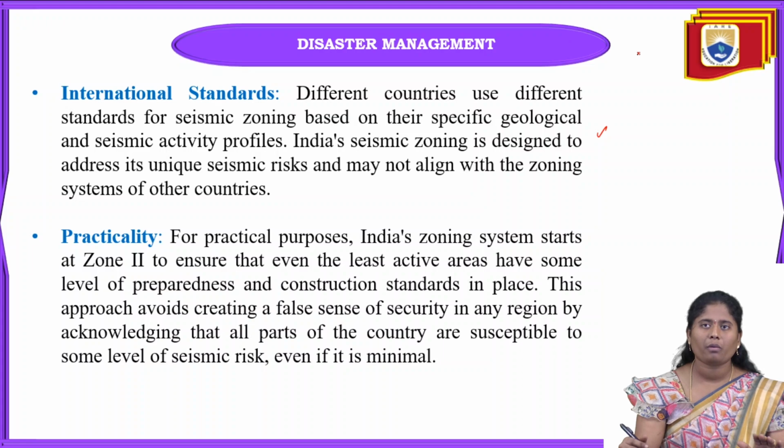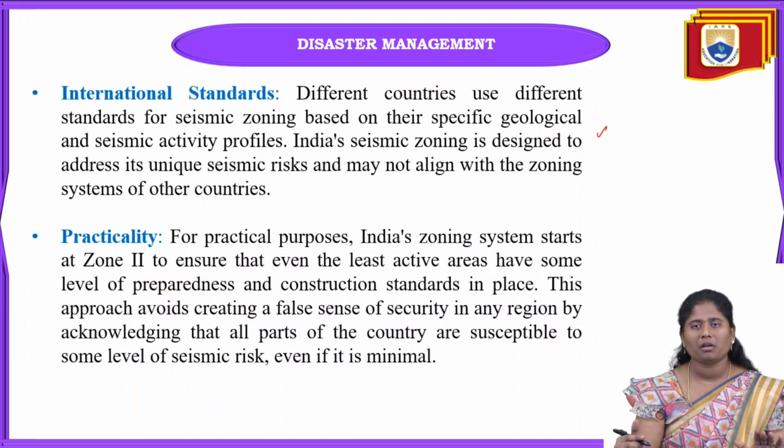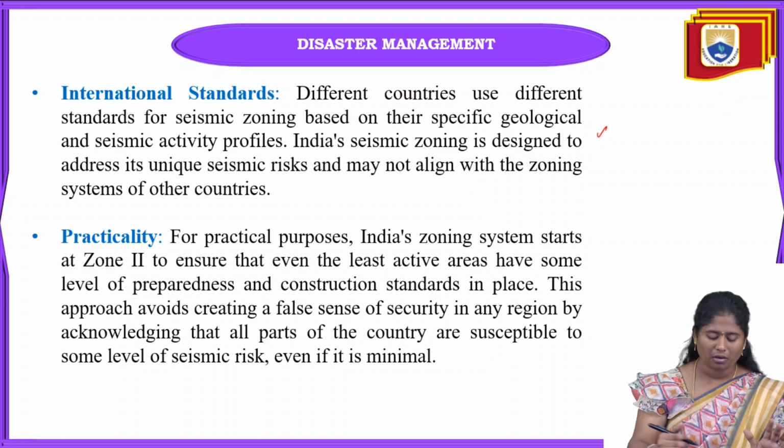Just now I told you about IS 1893, that is a building code book we are going to follow, which says in which zone which type of construction we have to build. Likewise, we have the code books and we have to follow those standards only. Otherwise, if you falsely state the overall security of any region, that will come under very severe risk at that time.